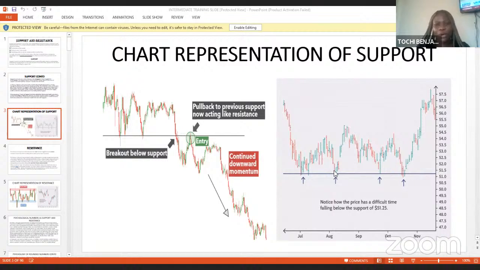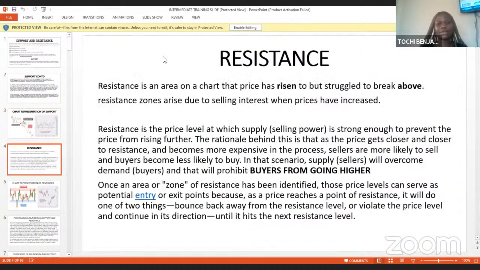Now, this is support. Like I said, if it's happening below the price, at the ground floor, it's seen as a support. The opposite of it is the resistance level, which is happening at the roof of price.